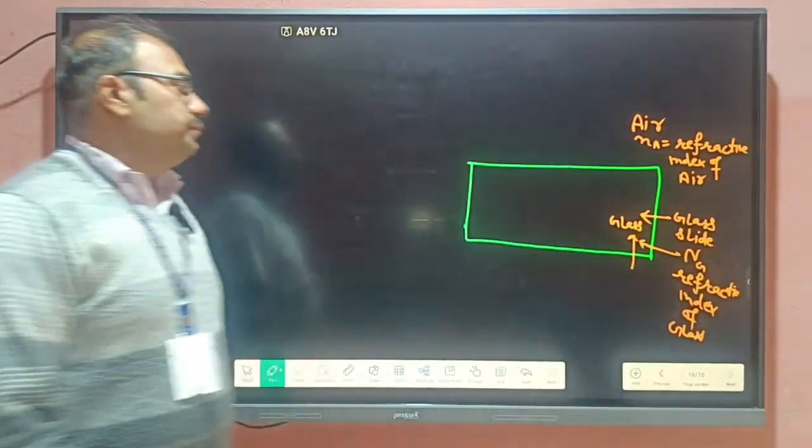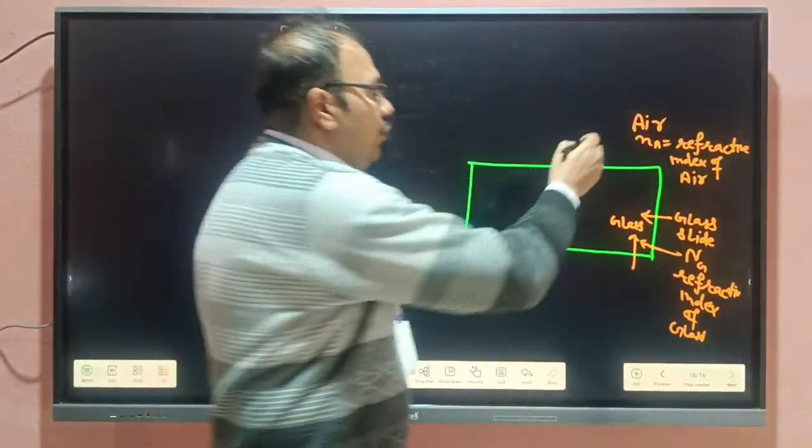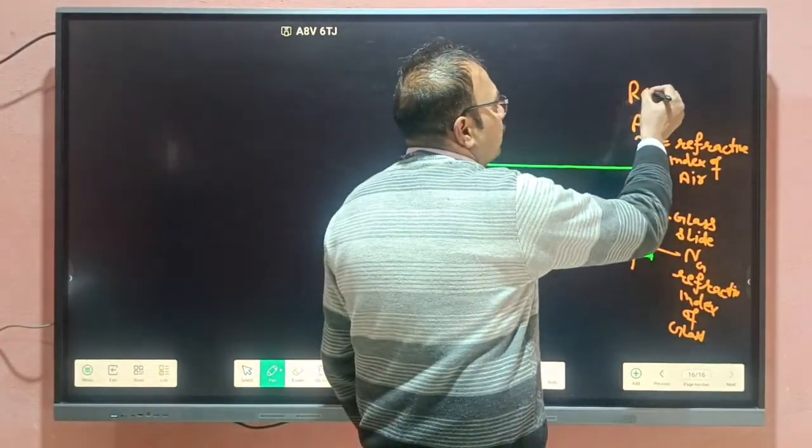The air medium is known as the rare medium, and the glass medium is the denser medium. What is a rare medium?